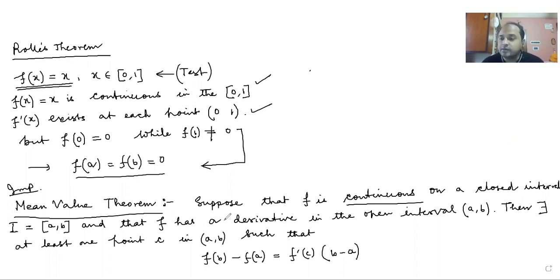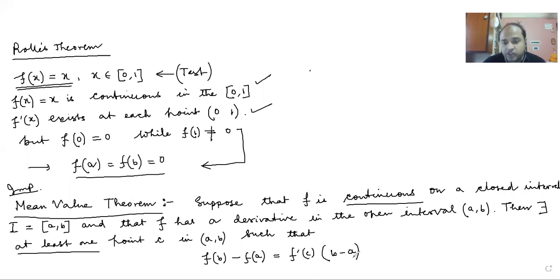The function has a derivative in the open interval (a, b), so it is also there in this case. But one extra condition was there in Rolle's theorem, that if f(a) and f(b) equal 0, then at least one point c exists for which f'(c) equal 0. Here that extra condition is not imposed.